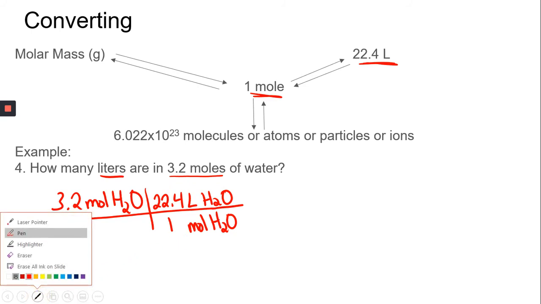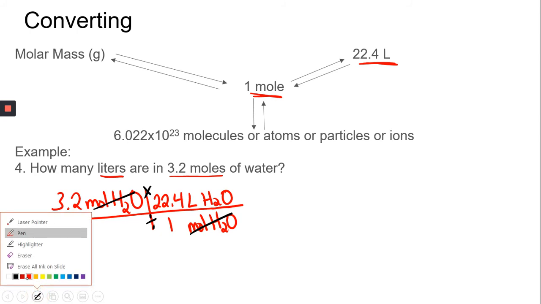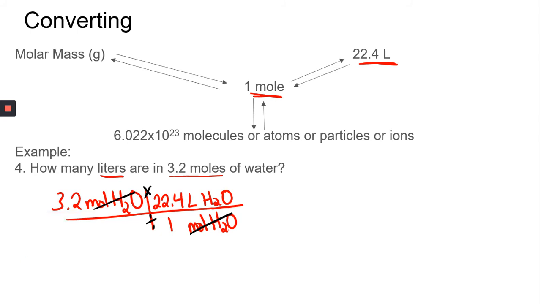So when we go to multiply and divide, the moles of water will cancel, leaving us with liters of water. And then we say in our calculator, 3.2 times 22.4 divided by 1. This time we just need 2 significant figures because of the value given to us. So we would say 72 liters of water.